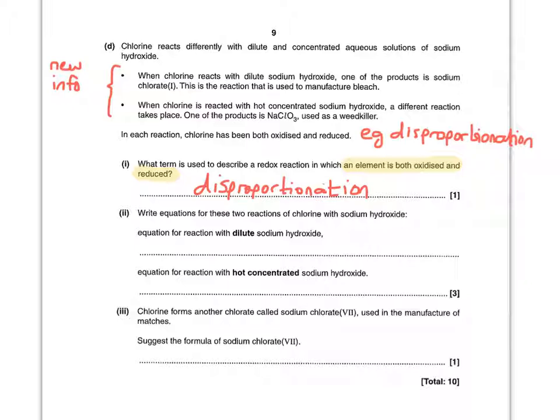And it says write equations for these 2 reactions of chlorine with sodium hydroxide. So let's highlight the word dilute and look at what it tells us. It says when chlorine reacts with dilute sodium hydroxide, one of the products is sodium chlorate(I). And we talked about chlorate(I) a little bit earlier. So the question tells us essentially that much already. So now what we've got to do is try and put together an equation that represents disproportionation.